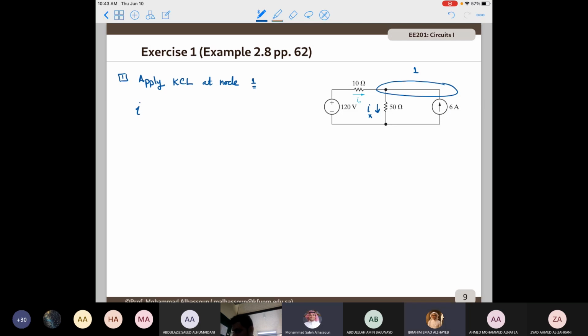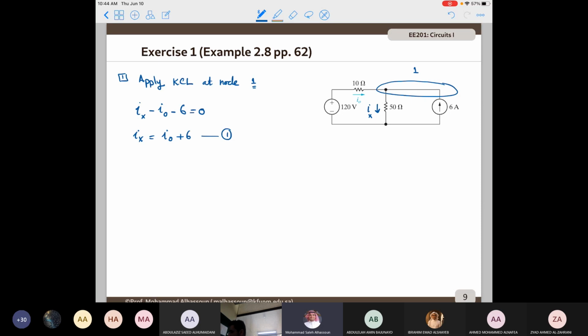Here it will be IX equal to I naught plus 6. I just moved them to one side, so IX equals I naught plus 6. This is the first equation that I have. So I have two unknowns, so I need to look for another equation.